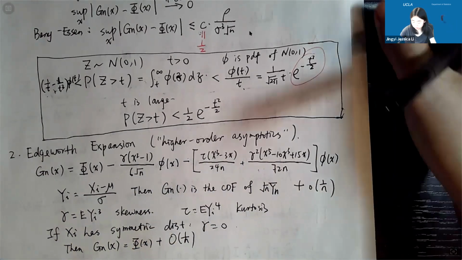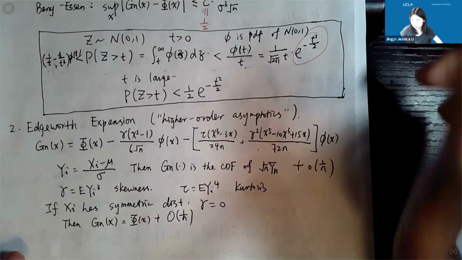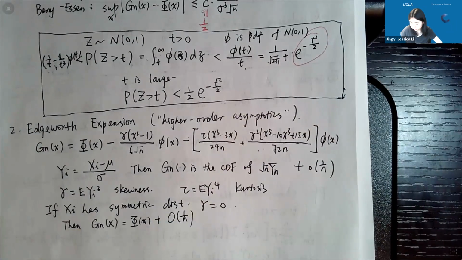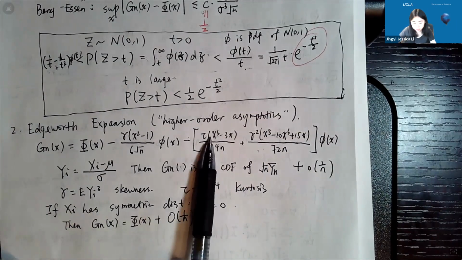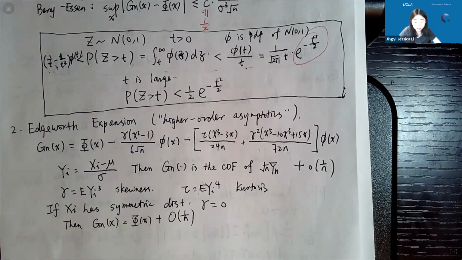That's what we first learned. So we just skip this 1 over root n term. And furthermore, you see the kurtosis is always here in this term. So the smaller the kurtosis, the better.